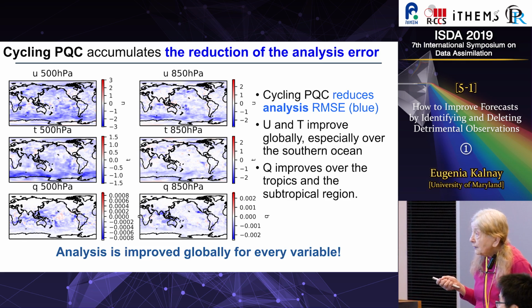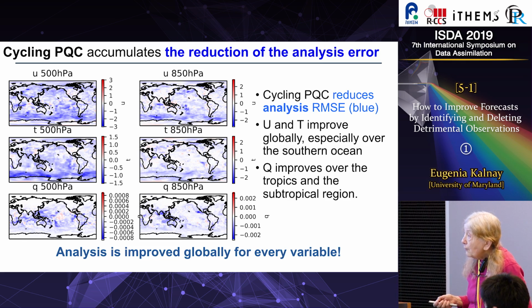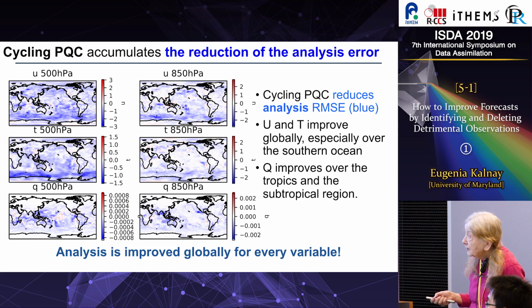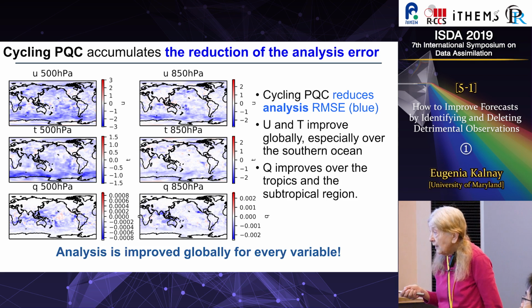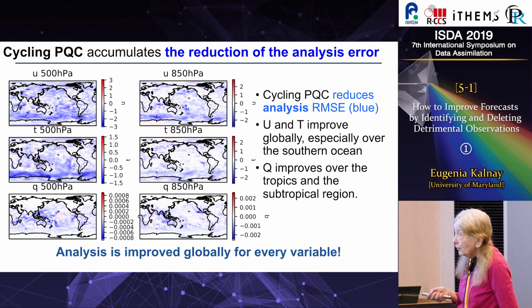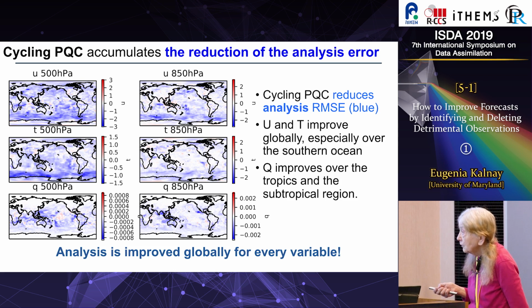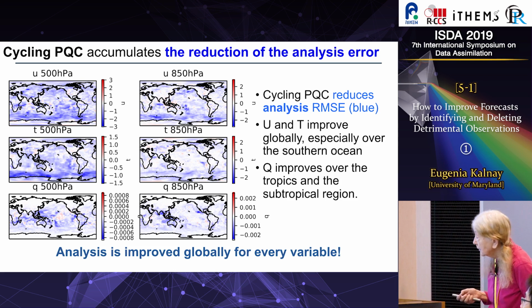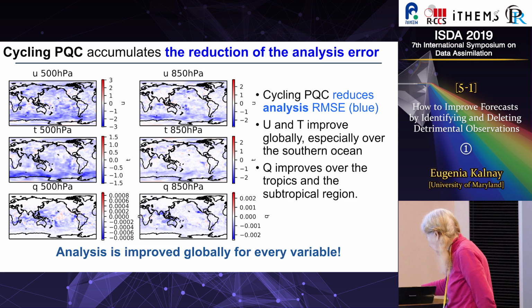So as a result, on the average, you can see that all the variables, U, temperature, moisture at low levels and middle levels are blue. So the analysis is improved globally for every variable, which is quite impressive, just the analysis.